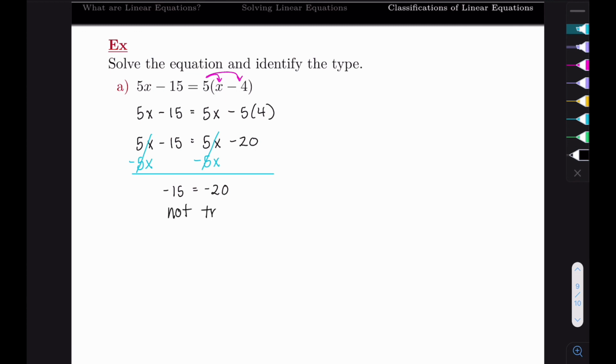And because of that, there's no solution. No matter what you plug in, you're going to end up with something that is false. So this is the type where we have a contradiction. Okay. So anytime you end up with something that is a false statement, so it does not work, you have no solution, in turn, a contradiction.